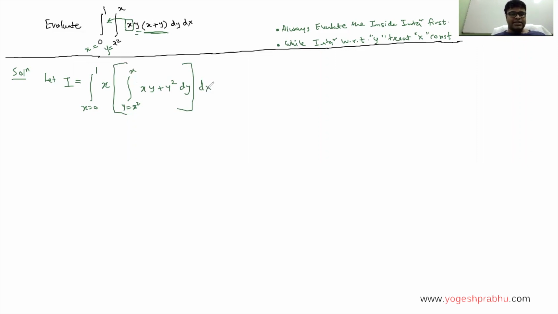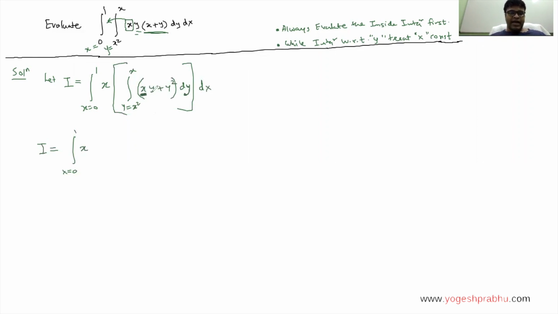Now let us start integrating the inner integral first, right? So I equals the integral from x equal to 0 to 1 of x, which stays as it is, and here we're going to integrate this. Now please understand, this is the integration of y, okay? And as per the rule, we're going to integrate with respect to y and treat x as a constant. So look at this x over here as just a constant.